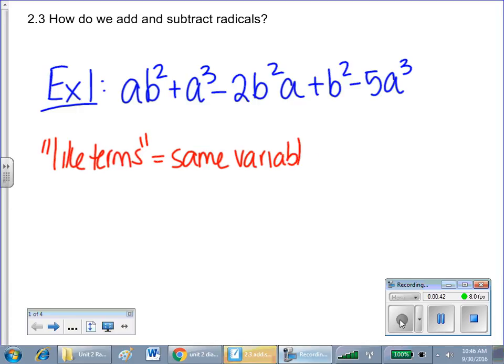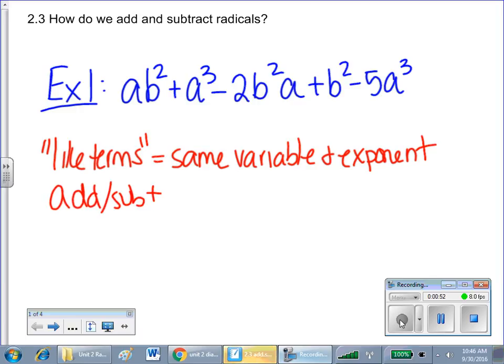And when we do add or subtract them, we're actually only adding and subtracting the coefficients. That's important. Those same rules are going to be true when we add and subtract radicals.